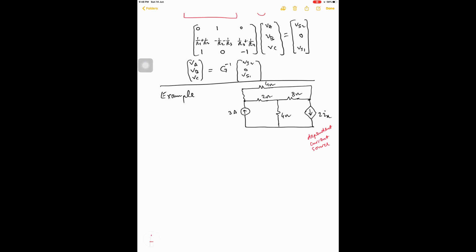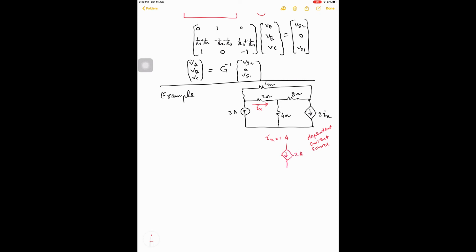Where is Ix? In the circuit, the current flowing through this 2 ohm resistance in the indicated direction is Ix. So it means that if this current Ix is 1 ampere, the current flowing downward in this dependent current source will be equal to 2 ampere.